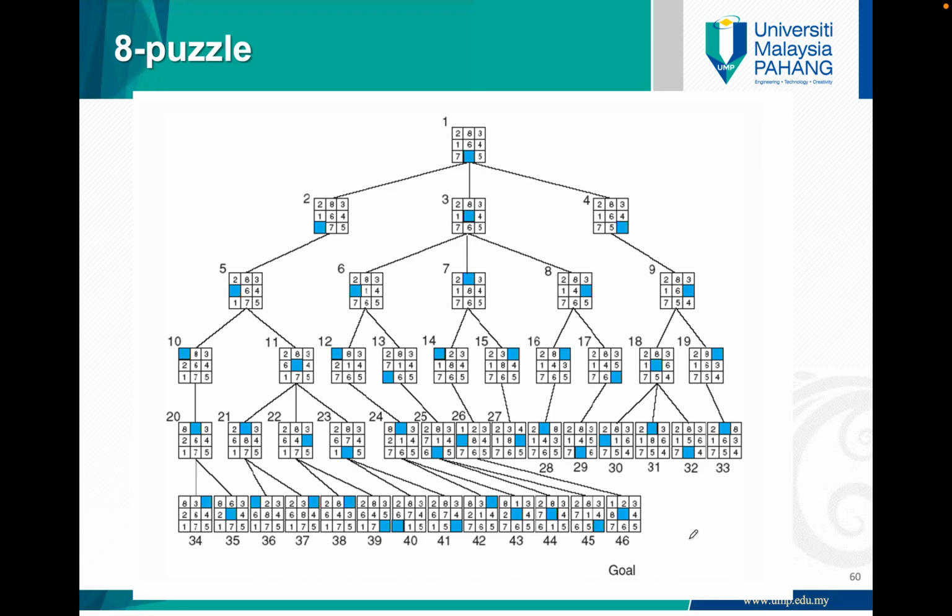We generate D and E for B, F and G for C. And then we move on to the successor nodes for B, which is D. Does D have any successors? No. And then we go to E. Does E have any successors? Yes. And then we keep moving, finishing that level.